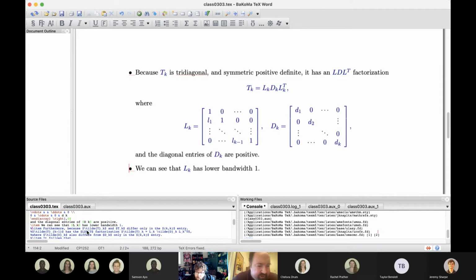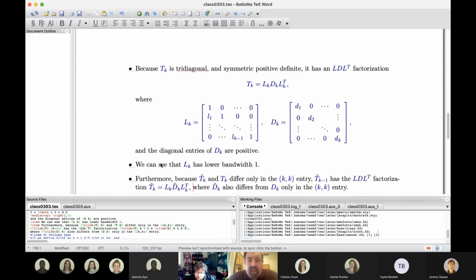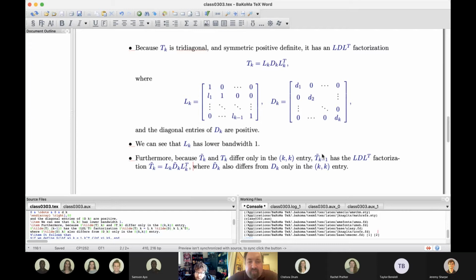Now, here's where things get more interesting. TK and TK tilde agree in all entries except for the KK entry here. So what that actually means is TK and TK tilde have almost the same factorization. The LK is exactly the same. Here we have DK tilde, only the kth diagonal entry is different.